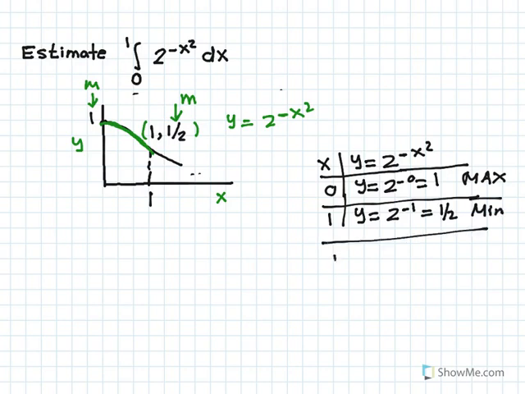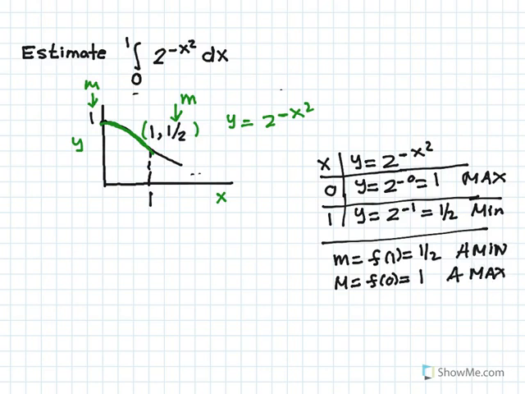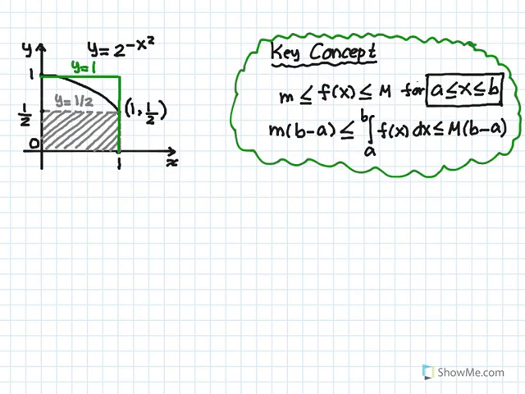So small m is f of 1, which is equal to 1/2. That's the absolute min. And capital M equals f of 0, which equals 1. That's the absolute max. So the function 2 to the minus x squared is between 1 and 1/2 for x between 1 and 0.